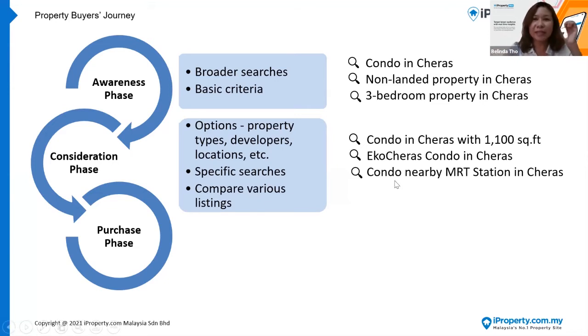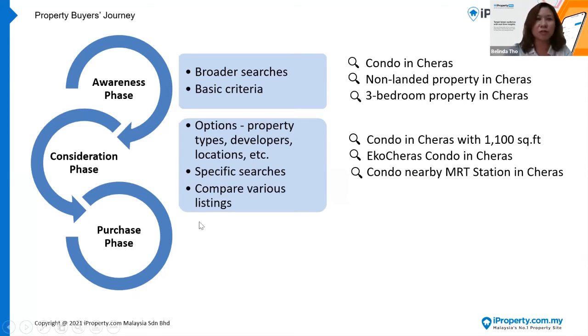So the way they search can be more specific. For example, instead of saying condo in Cheras, they will now say condo in Cheras with 1,100 square feet, Eco Cheras condo in Cheras, etc. So the specification is much higher compared to the awareness phase.